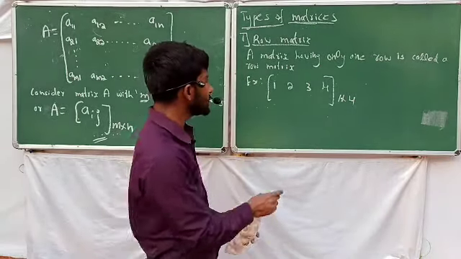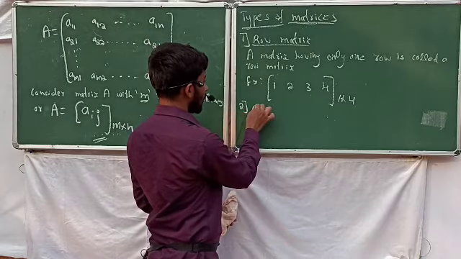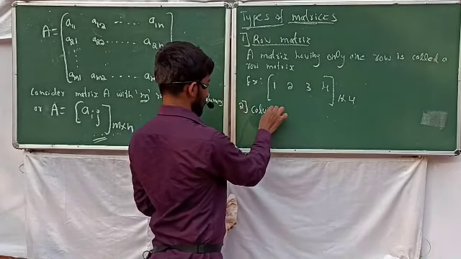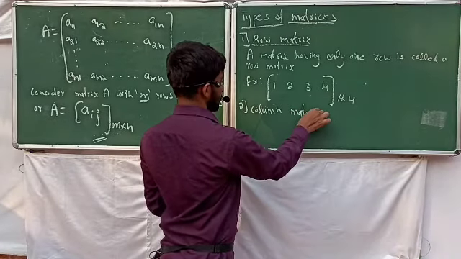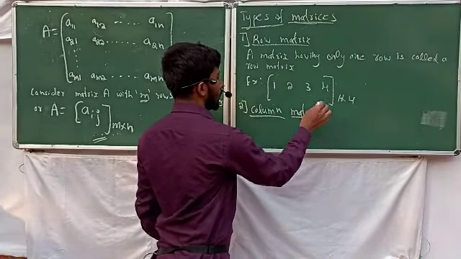Similar to row matrix, the second type is column matrix. Column matrix. Now you can tell the definition of column matrix.